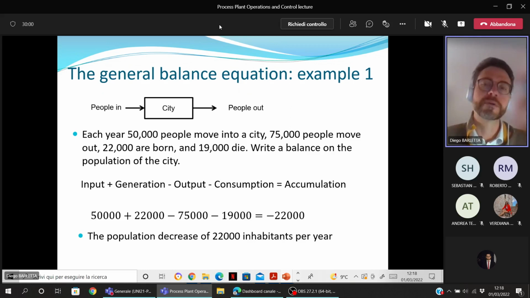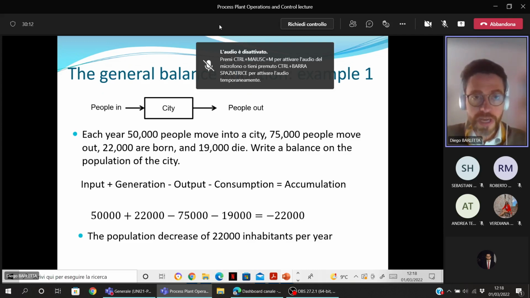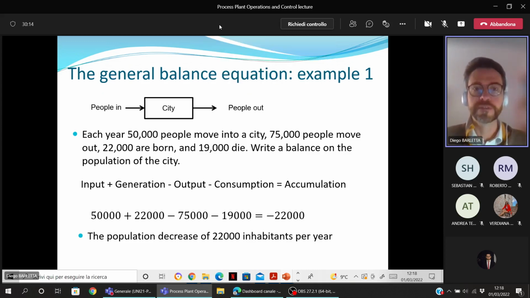Now let's make a simple example that actually is not referred to a chemical process, but to the population. So it's a population balance in a city. So we have that each year 50,000 people move into a city, 75,000 people move out, 22,000 are born, and 19,000 die. So we can write a balance on the population of the city, just applying the general balance equation.